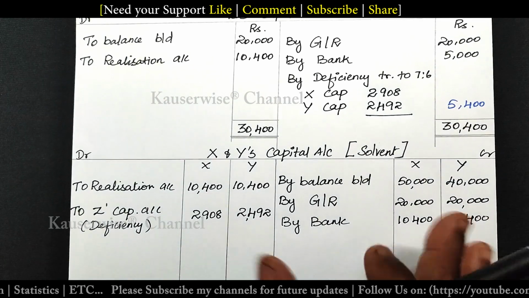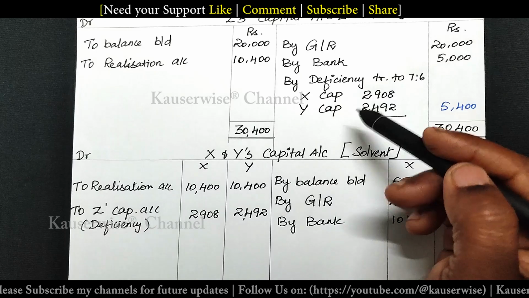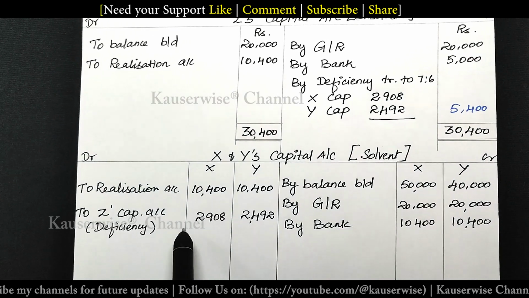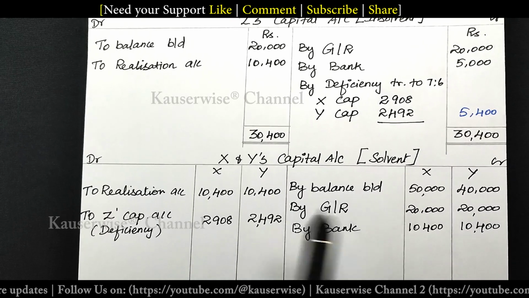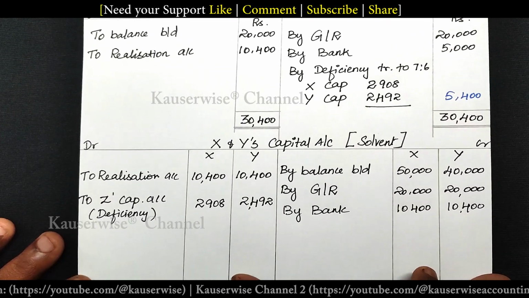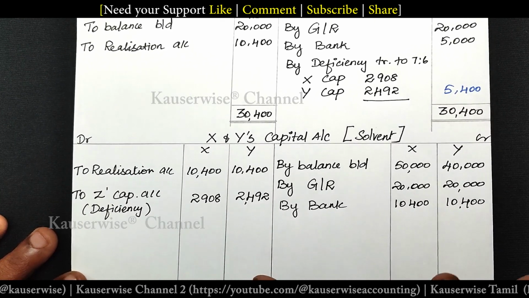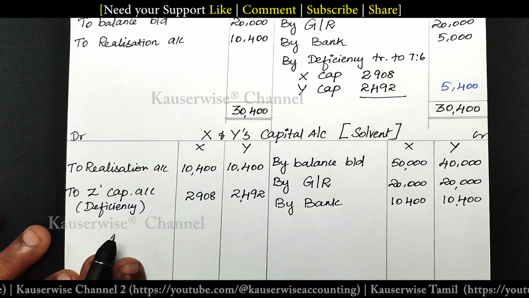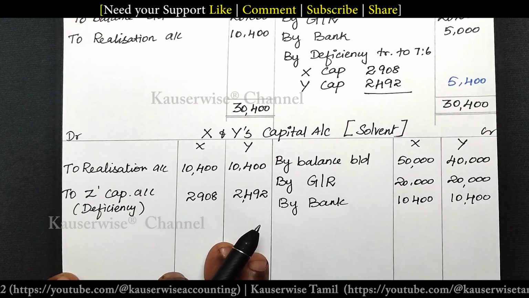But in this problem, both the solvent partners' capital accounts show a credit balance. So both partners need to share or bear the deficit of the insolvent partner. That's all. Now we can close the solvent partners' capital accounts to find the balancing figure. If we get a balancing figure on the debit side of the capital account, that is the final settlement made to the solvent partner.